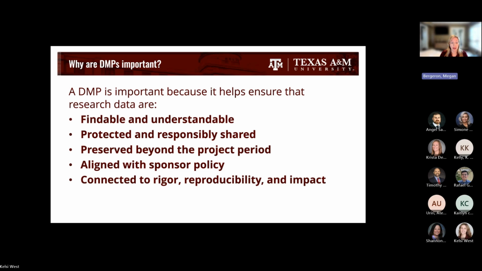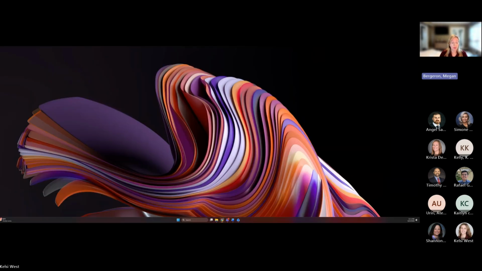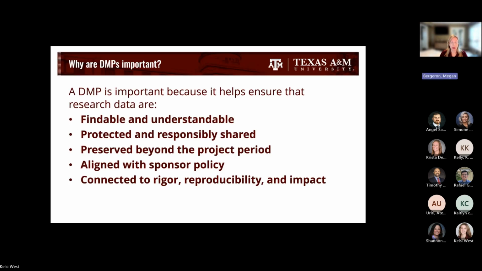It helps ensure that data are preserved beyond the project period, meaning that reviewers want to know that valuable data will not just disappear when the grant ends or when staff leaves or if there's a local storage system change. The data management plan ensures that your data is aligned with sponsor policy.